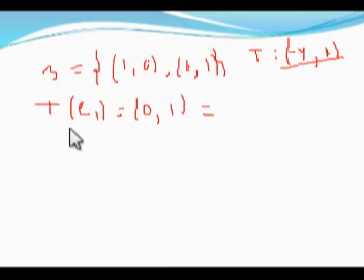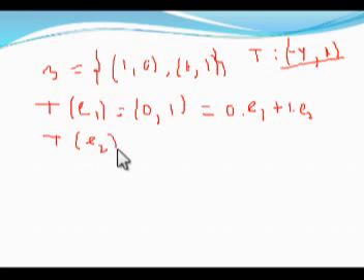We have to first find out the relative matrix with respect to beta. So we express it through beta: 0 E1 plus 1 E2. In this way, TE2 we find out.